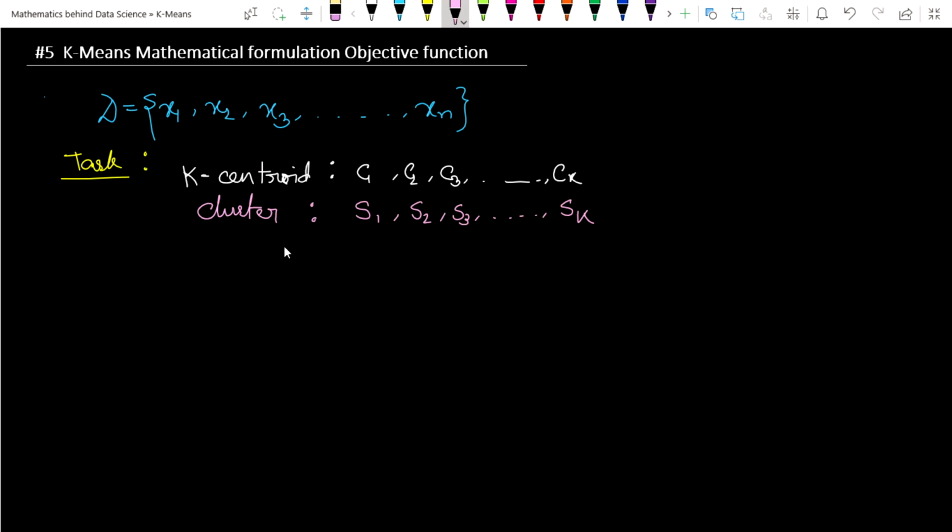Now each x in our data set belongs to one of our Sj, where j goes from 1 to k.